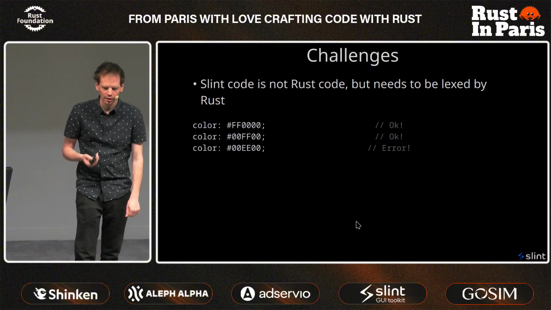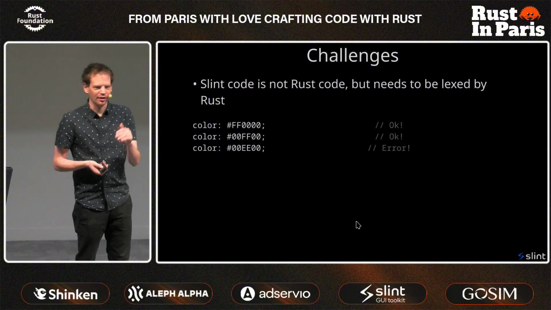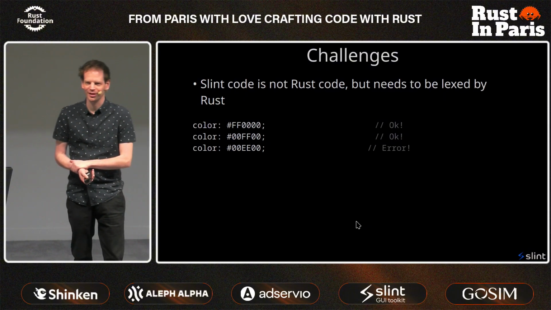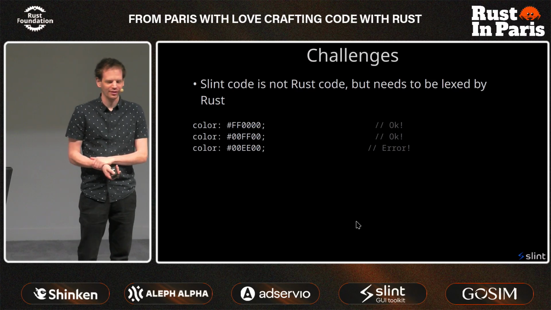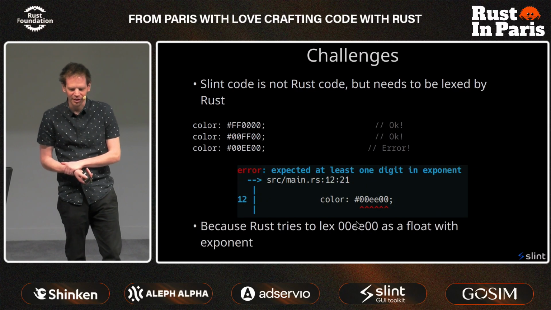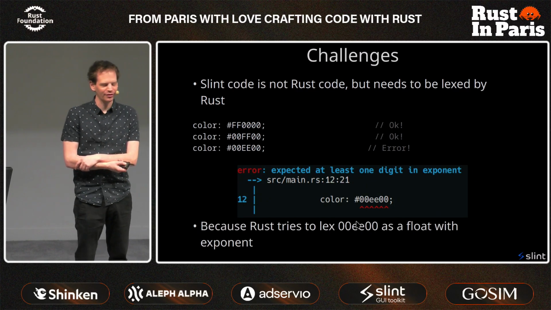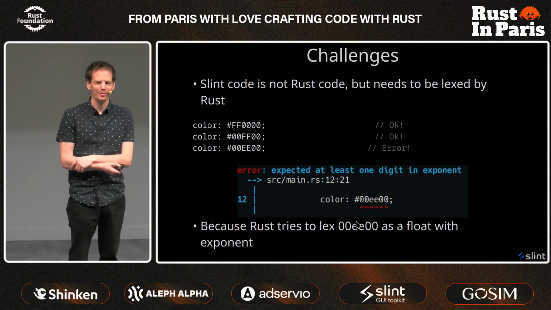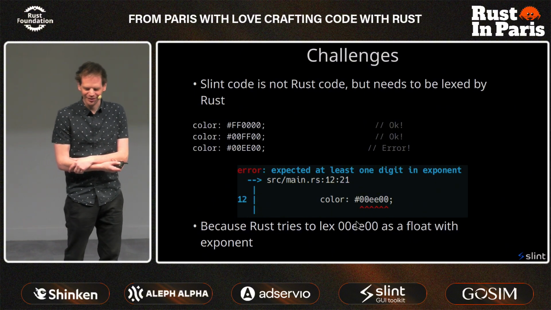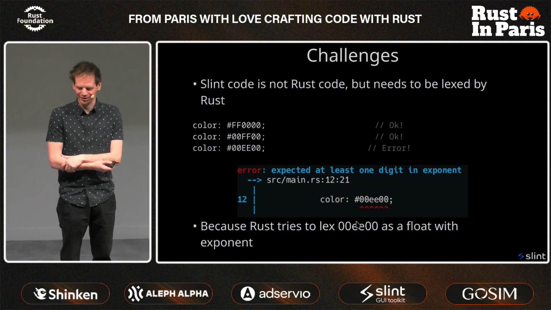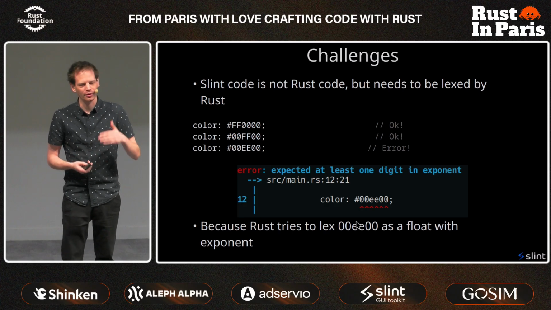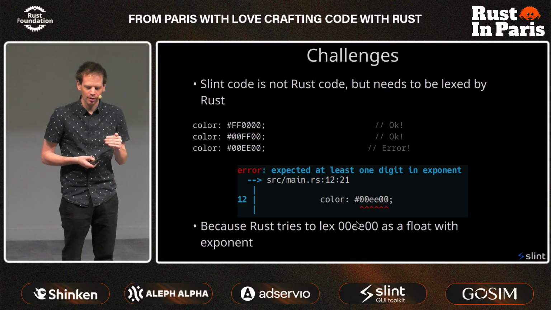That is fine. However, suddenly if you have a lesser green, you get an error. That's because now the lexer is trying to parse this as a floating point, and that doesn't work. This is not a valid floating point. So at the lexing phase, you get an error.